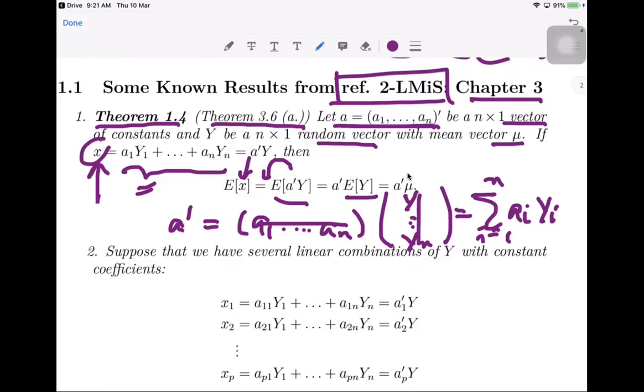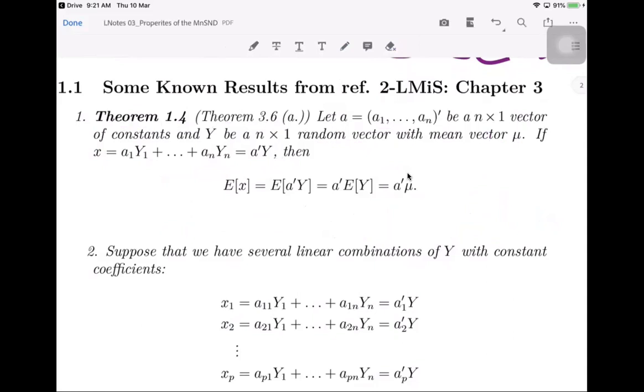But by notation, the expectation of y is mu. So the expectation of a prime y is equal to a prime mu. Okay. Next.